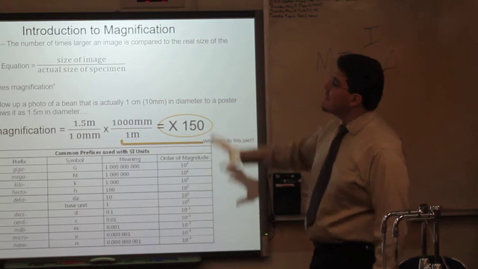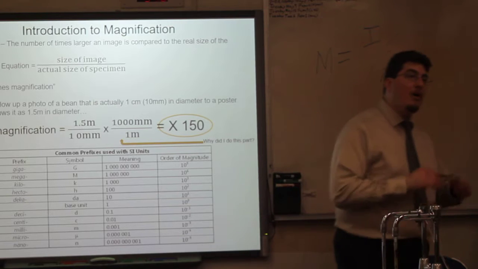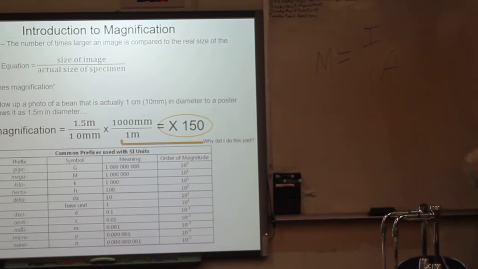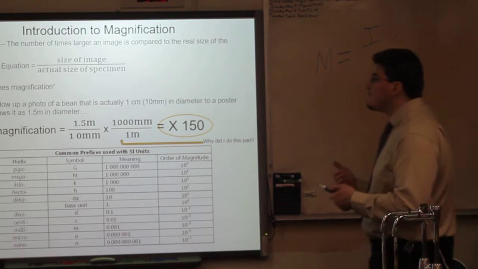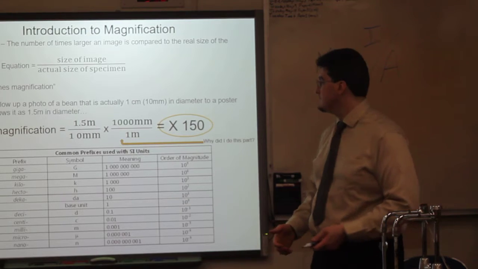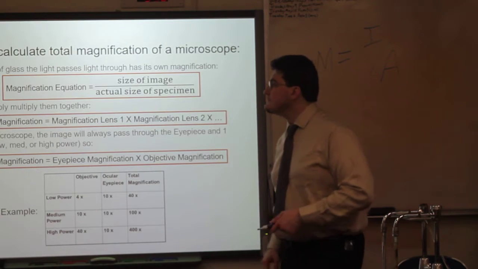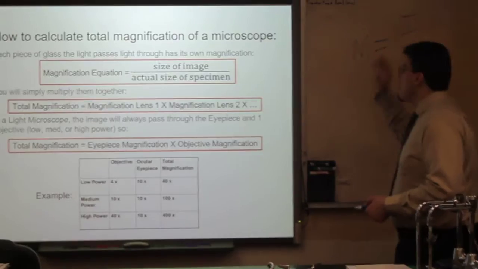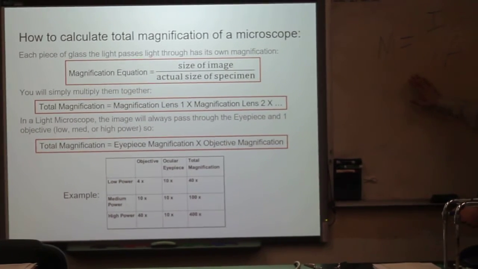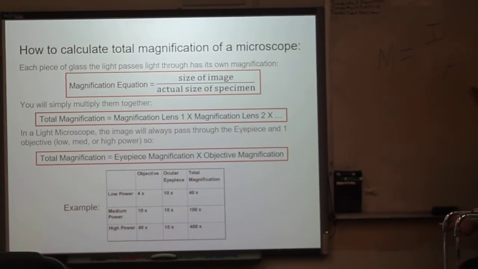So this image, this poster, a 1.5 meter poster board of an image of an object that is 10 millimeters in diameter, is 150 times magnification. All right? So, the magnification equation, M equals I over A.